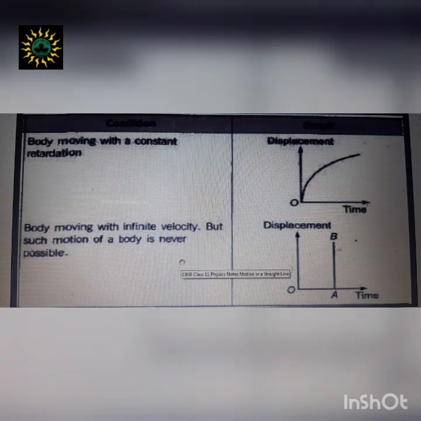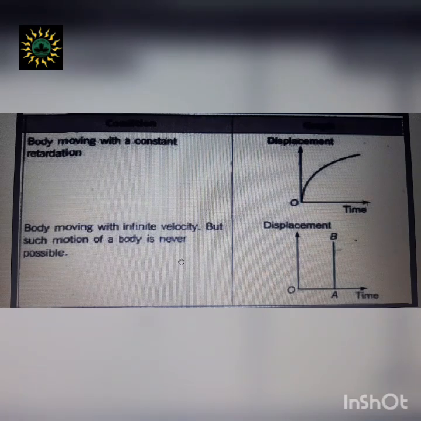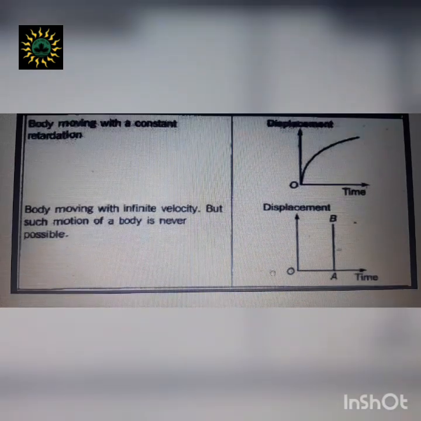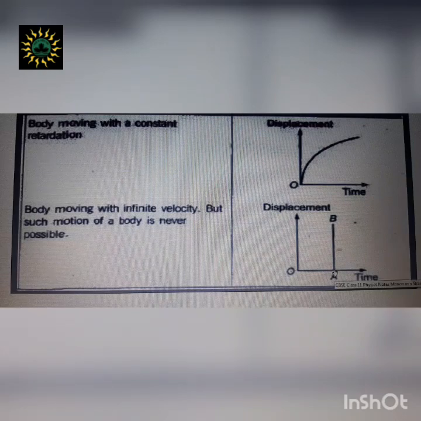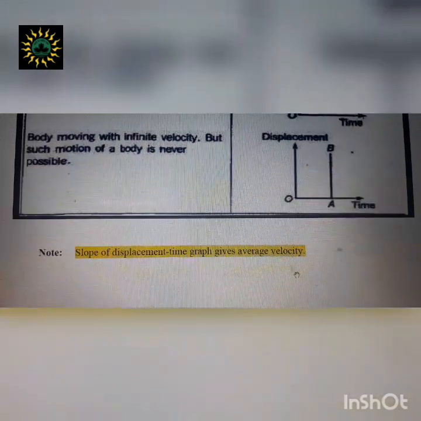Why? Because no time has elapsed, the clock has stayed at one place. You cannot cover a distance in zero change in time. To cover a distance, some time is needed. So it is an impossible condition, and at a particular instant you would have gone like this. So it is an impossible case.